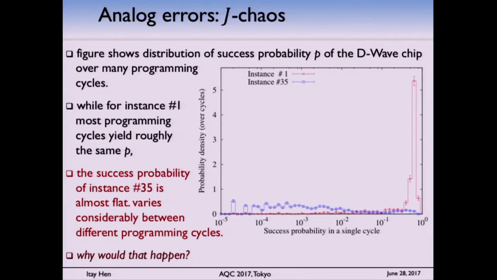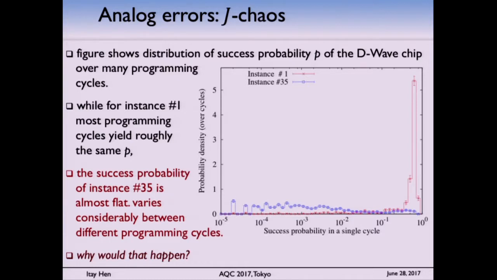And if you run the same instance for many programming cycles, what you see is that for certain instances, for example, the red one here, there is a peak at a certain probability, meaning that most programming cycles give you the same probability, which is what you would expect, of course, just because you're running the same instance over and over again.